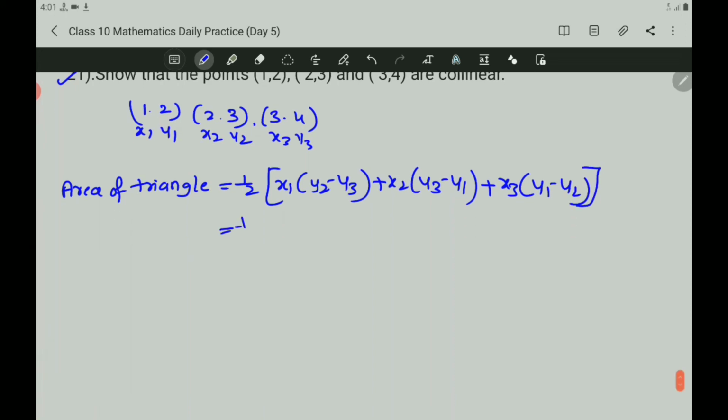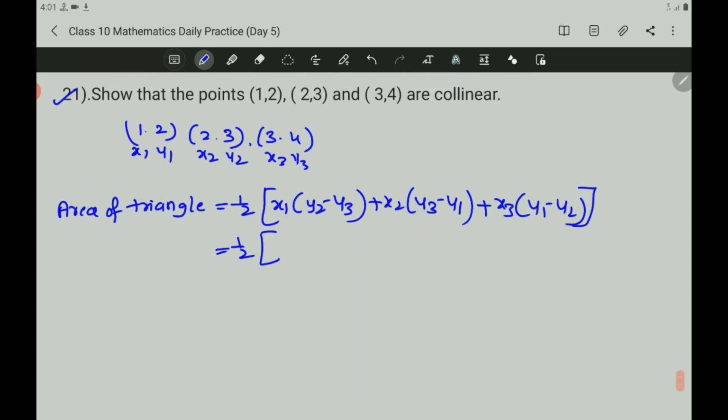Write the values. You write half as it is. What is the value of x1? x1 value is 1. 1 you write. Then y2, y2 is 3. 3 minus y3, y3 is 4. Plus x2 you write, x2 is 2. y3 minus y1, 4 minus 2 you write.